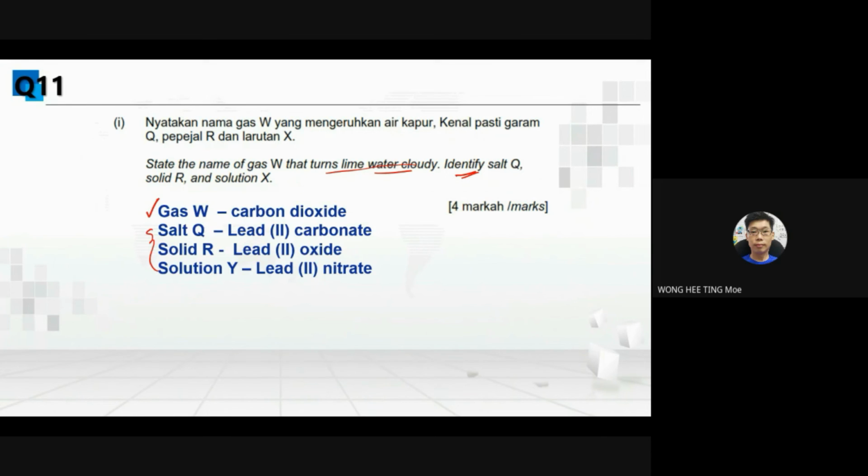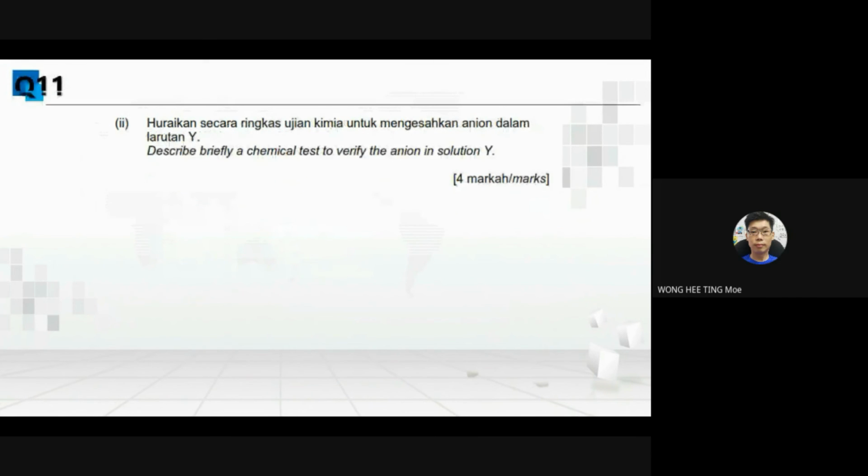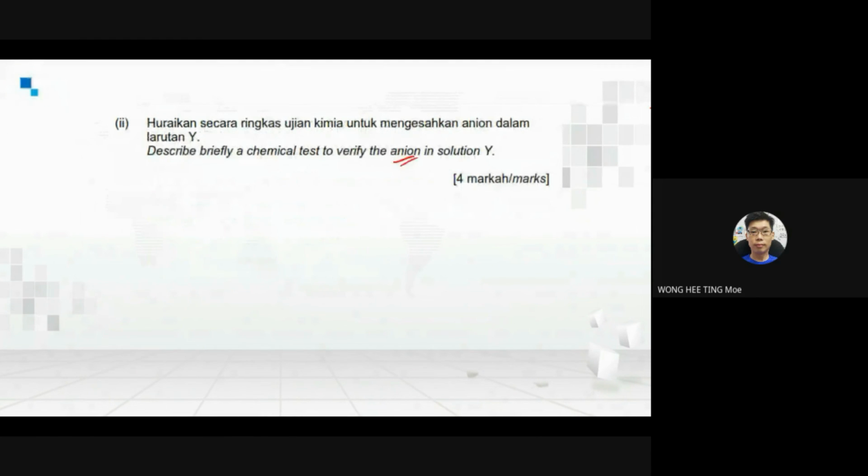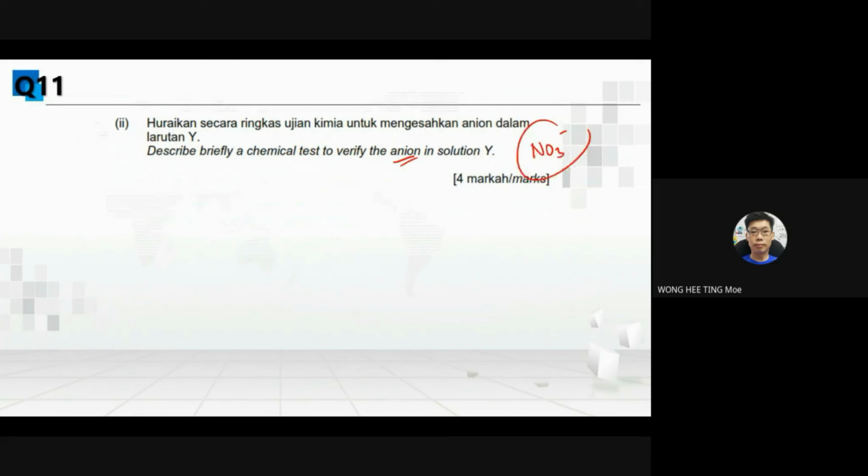Okay, now describe briefly a chemical test to verify the N ion in the solution Y. So let's see. In solution Y, lead-2 nitrate, no, nitrate. Okay. So nitrate ion. So what is the test, class? We want to test it. We use the brown ring test, right?